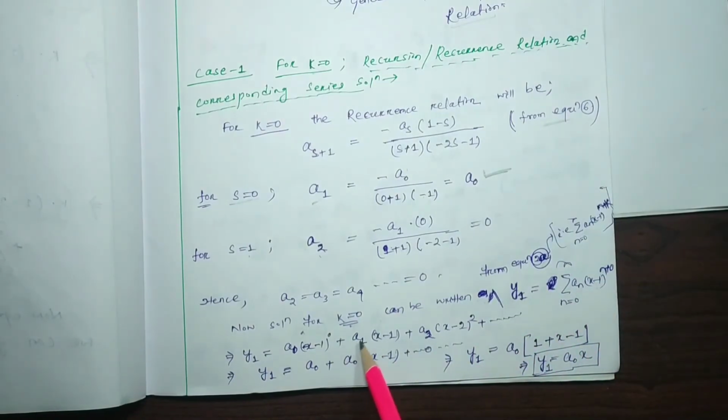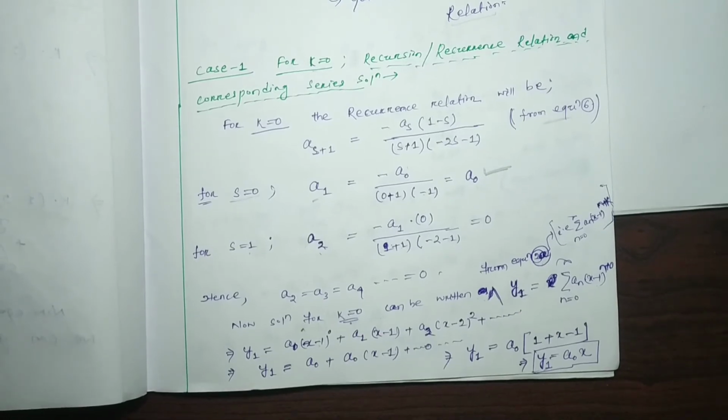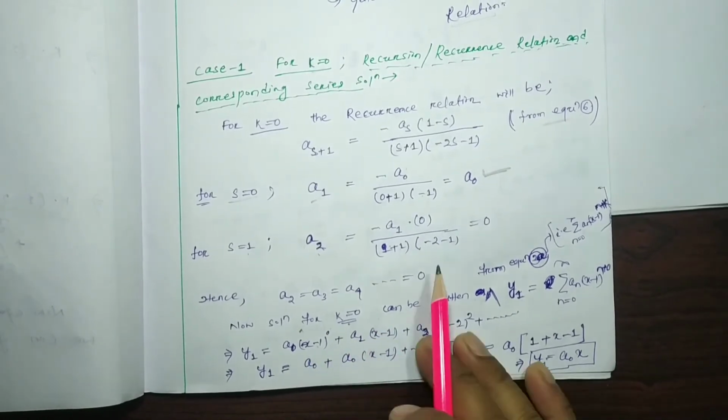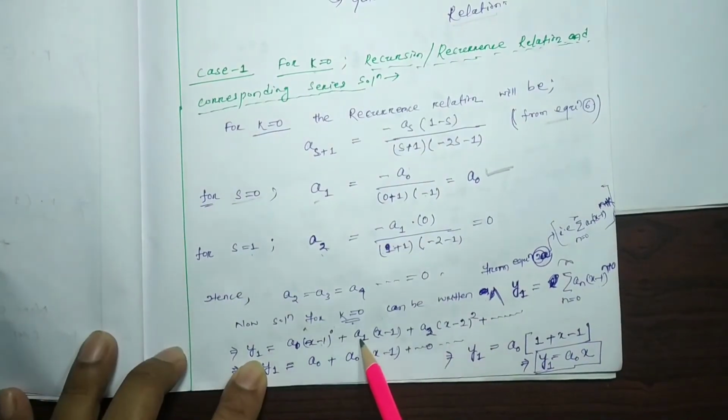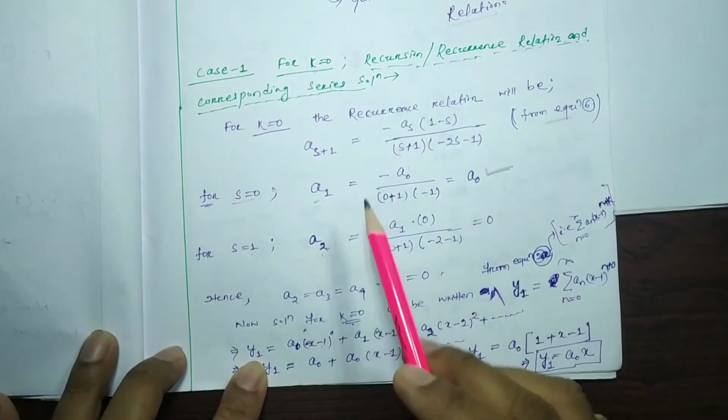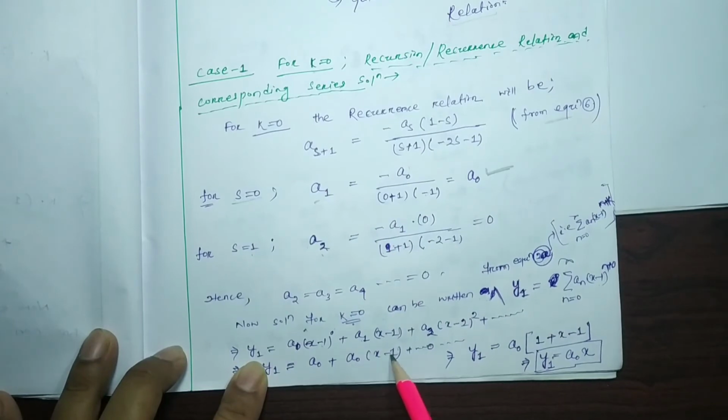So y1 equals a0 (x-1)^0, which is 1, so a0 plus a1 (x-1). Here a1 we found equal to a0, so a0 (x-1), and the other terms will be 0 because a2, a3, a4 are 0.